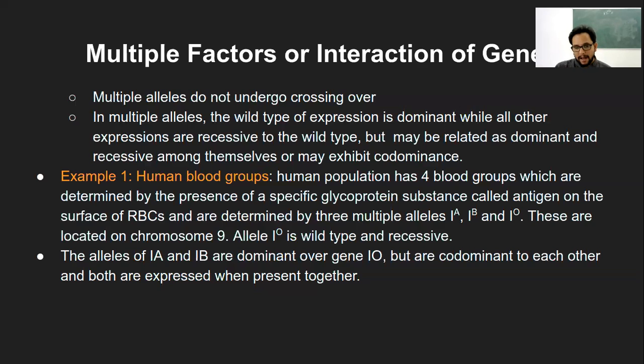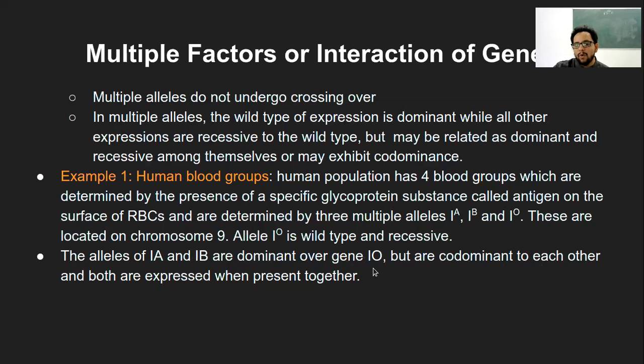Now the alleles I^A and I^B, which have to be superscripted, which I missed here, are dominant over the gene I^O. I^O, being recessive, is still expressed without any antigen, and I^A and I^B are the dominant ones. But they are co-dominant to each other.